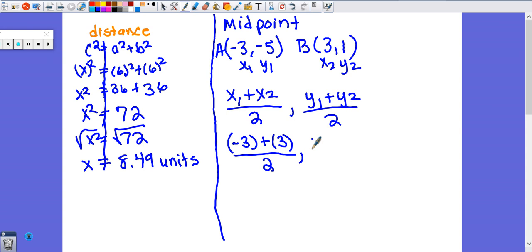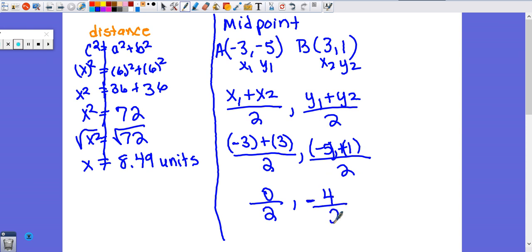And -5 plus 1, divide that by 2. So here, this becomes 0, so 0 over 2. And for the other, -4 over 2. I'm using my mental math.